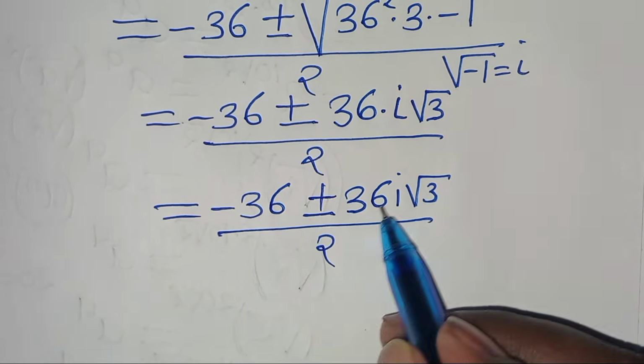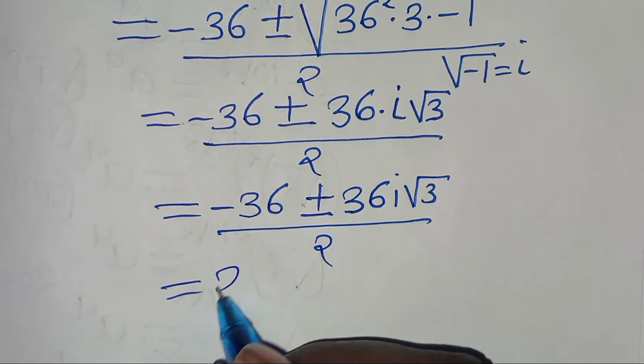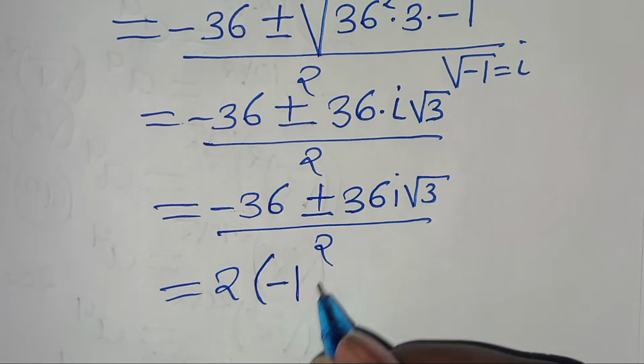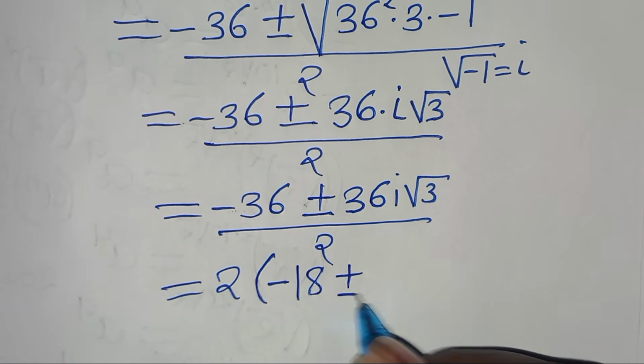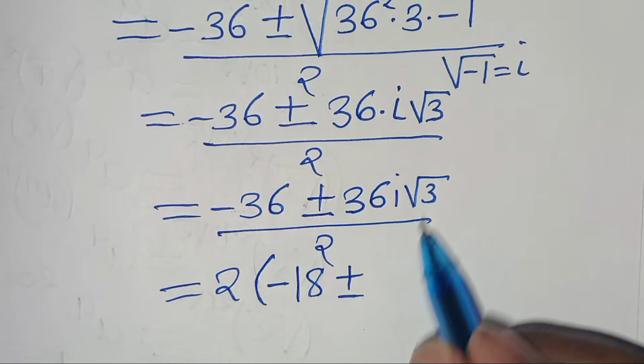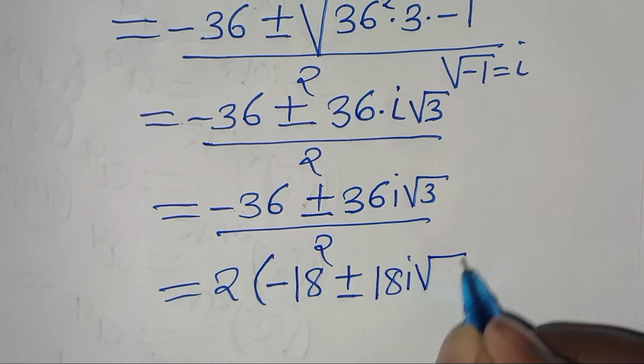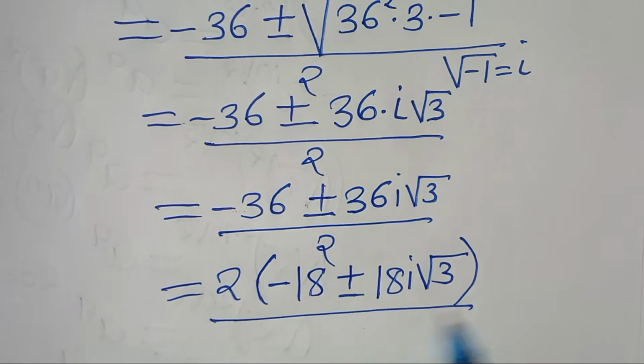Now, in the numerator here, we have that 2 is common. Let's factor out 2. Negative 36 divided by 2 is negative 18 plus or minus 36i square root of 3 divided by 2, which is 18i square root of 3 divided by 2.